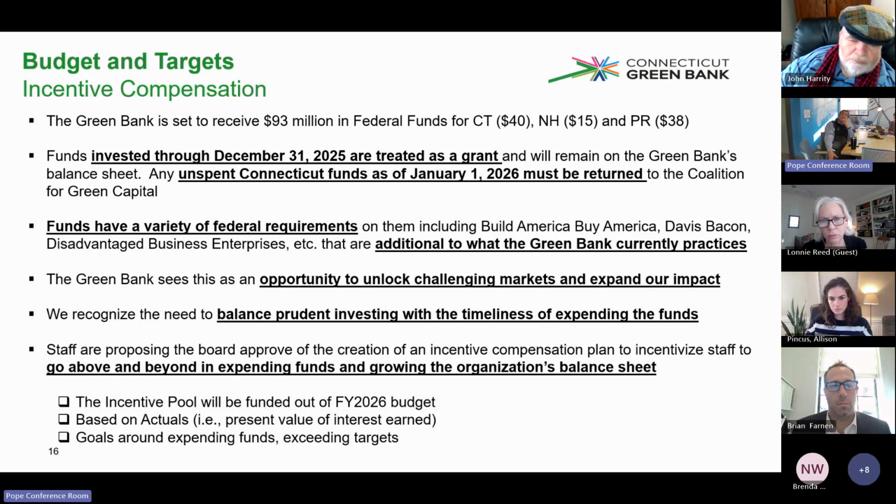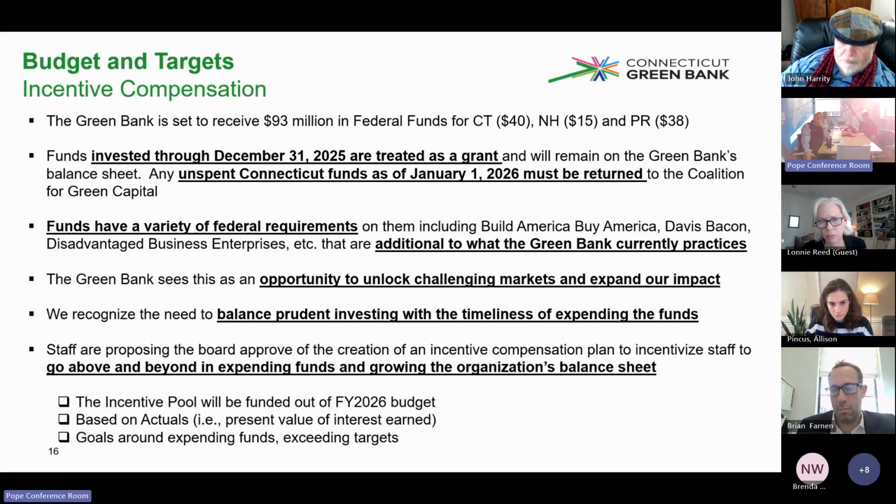We've set out and said, hey, we're going to use this money not to juice CPACE or do things that we've done in the past. We're really looking at this money to unlock markets and to expand our impact, to do things we haven't done previously. If you look at the priority investment areas that were in our application, we said we're going to use the money towards clean transportation, hence our RFP around electric school buses.